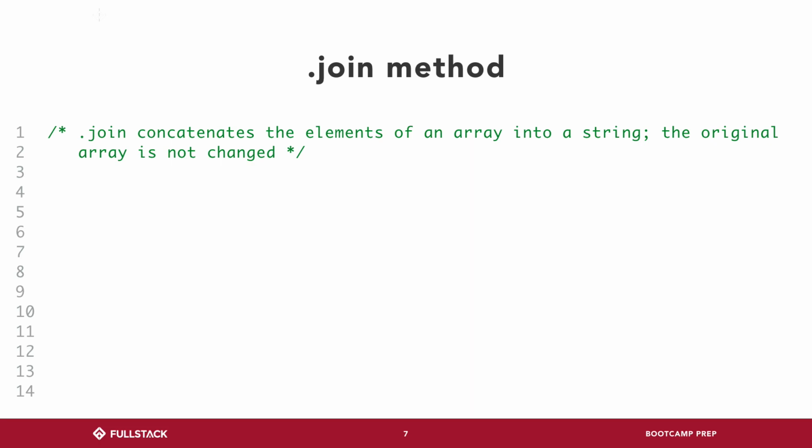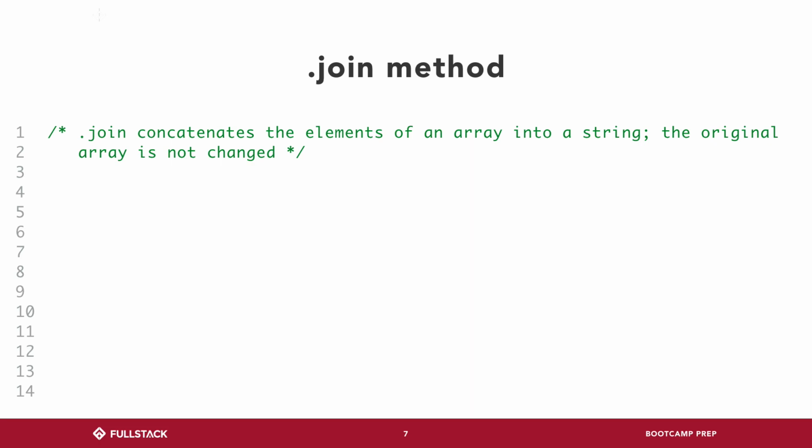Okay, so the join method. The join method concatenates, which is a very computer engineering term that I'd never used until I started writing code. It concatenates the elements of an array into a string for you. And it makes a copy, obviously. It doesn't change the array.